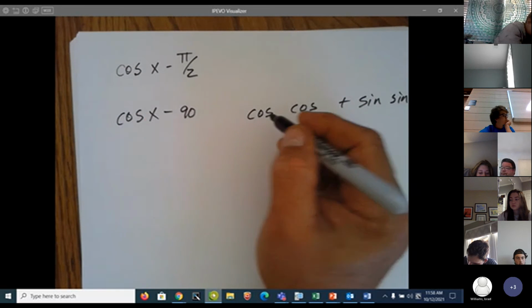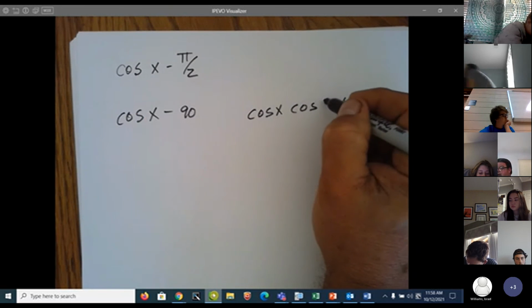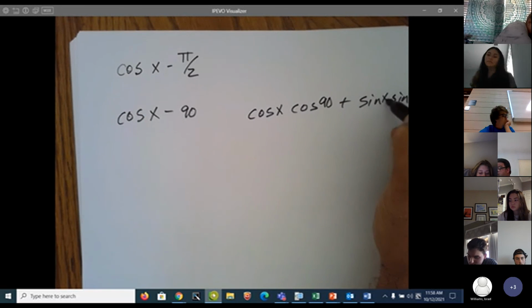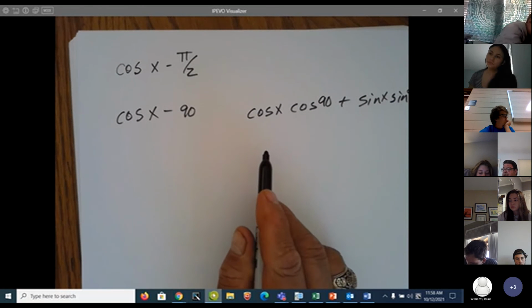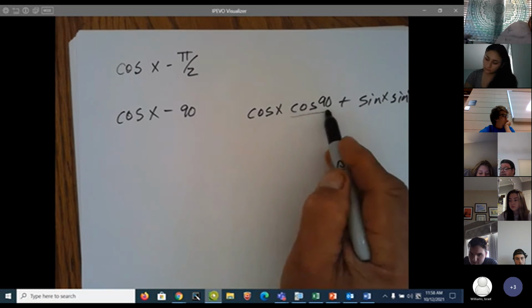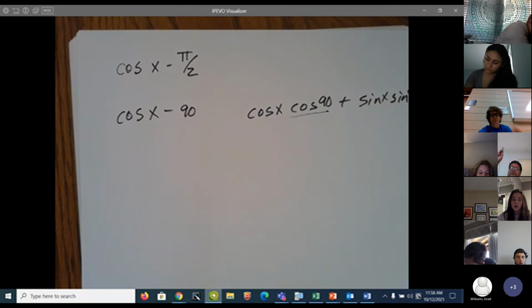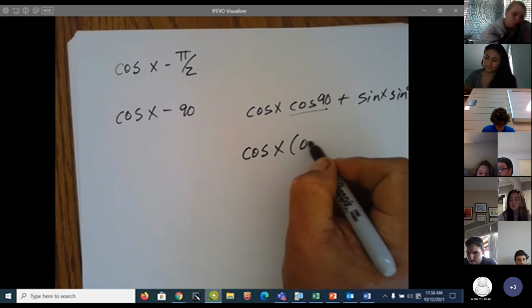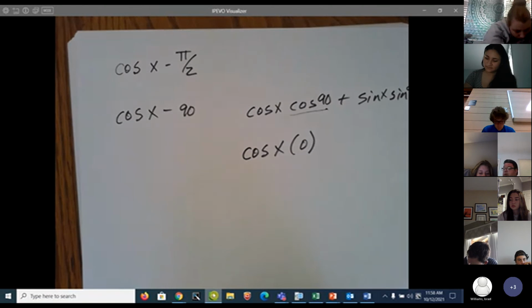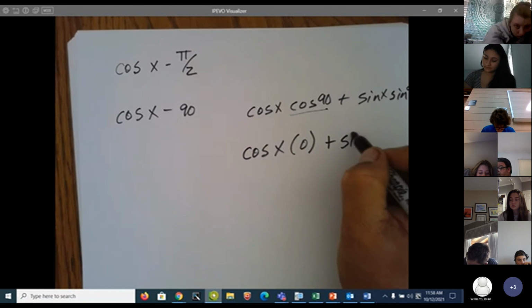So x, 90, x, 90. All you got to remember is your unit circle. What's the cosine of 90? What is the first digit in the unit circle at 90 degrees? 0. Yes, that's right, class. Cosine of x times 0 plus the sine of x.